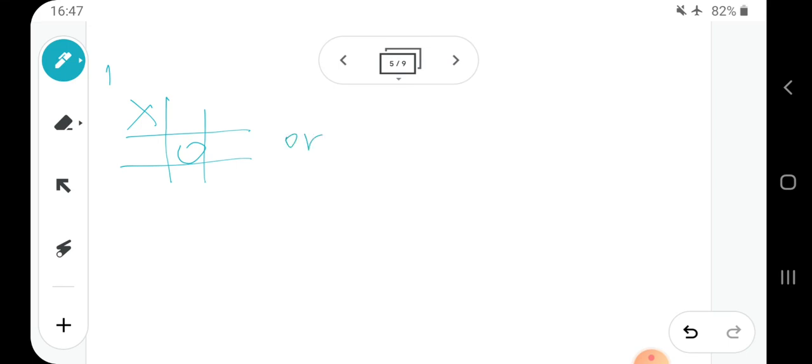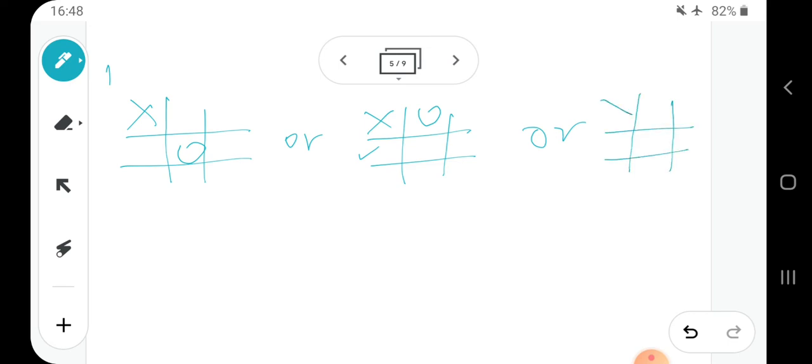Otherwise, the second player may select to circle here, which is identical to this, or the second player may select to circle here, which is identical to this, or the second player may select this position, which is just the opposite diagonal, and this one is a unique position.